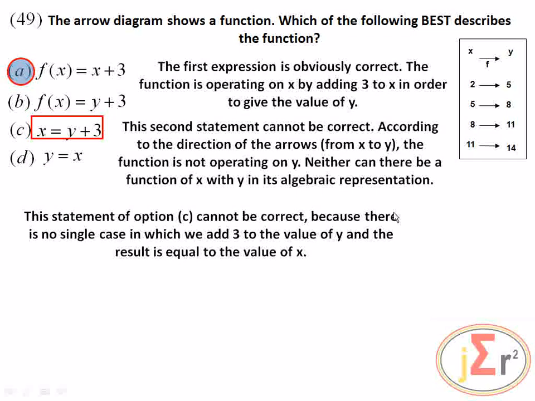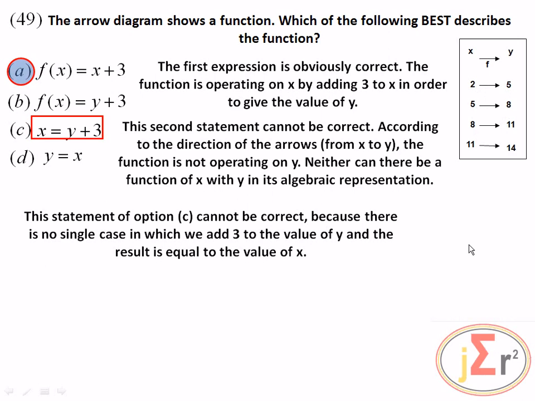This statement of option C cannot be correct because there is no single case in which we add 3 to the value of y and the result is equal to the value of x. x = y + 3. If we add 3 to the value of y, 3 plus 5 is equal to 8. That's not the corresponding value of x. 8 plus 3 is equal to 11. That is not the corresponding value of x.